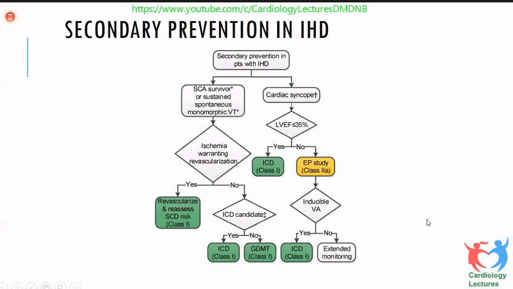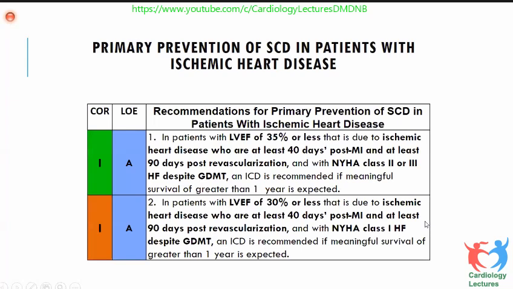The primary prevention of sudden cardiac death in ischemic heart disease is listed here. Basically, if you look at ejection fraction of 35% or less due to ischemic heart disease, who are at least 40 days post-MI and at least 90 days post-revascularization, New York Functional Class 2 or 3 despite guideline-directed medical therapy.